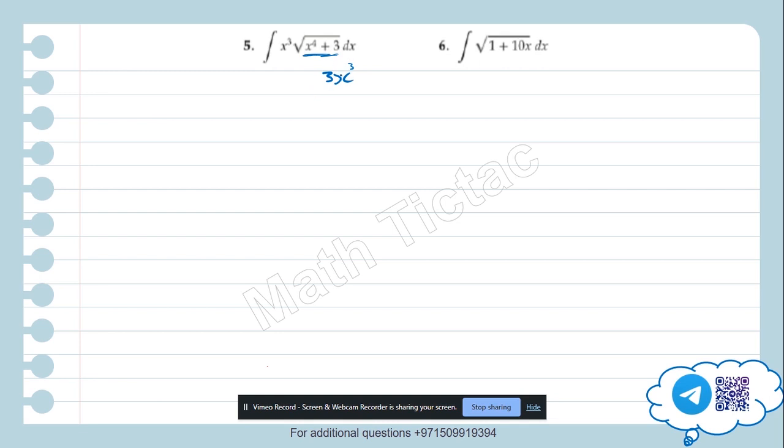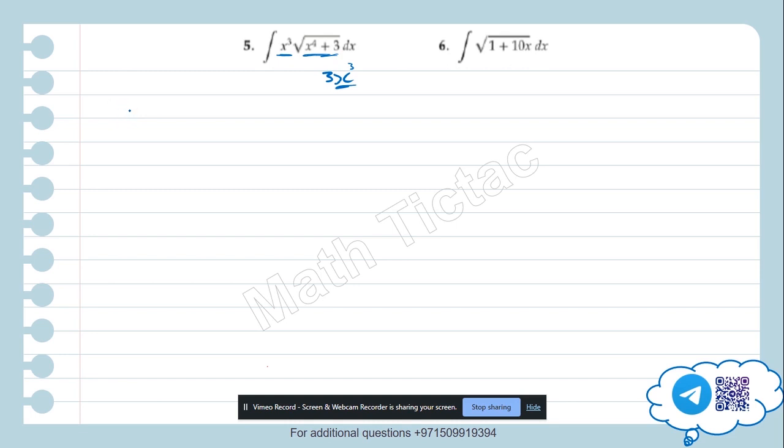For 4x cubed, we can find that x cubed does exist over here. So for this part, x to the power 4 plus 3, we can find its derivative or part of its derivative. So directly, my substitution will be x to the power 4 plus 3. This is going to be the easiest method to know what part I must substitute in the question.